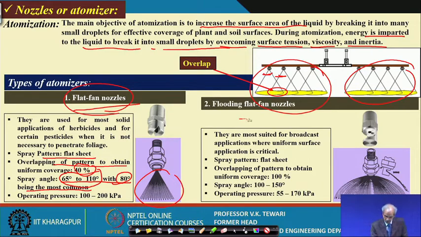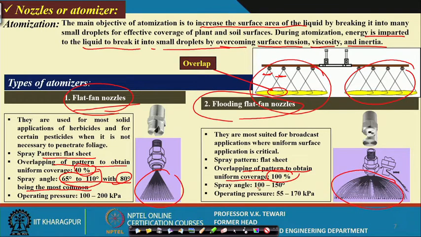In the case of a flooding type of nozzle, the overlapping of patterns to obtain uniform coverage is 100%. This is different, because virtually you can see this is what happens. The spray angle is 100 to 150 degrees, and the operating pressure is 55 to 170 kPa or so. Here also, 100 to 200 kPa.